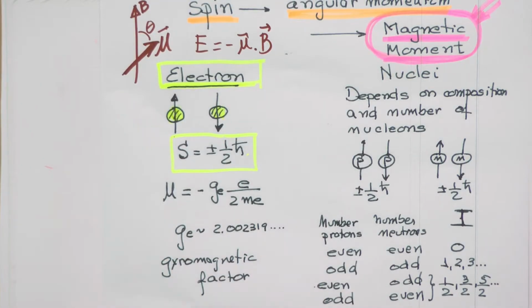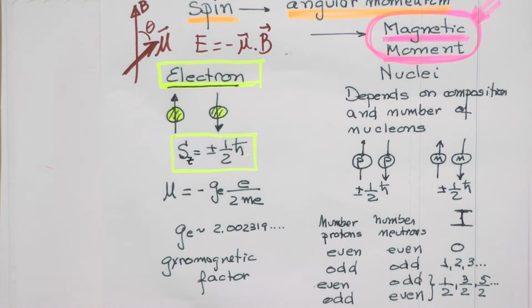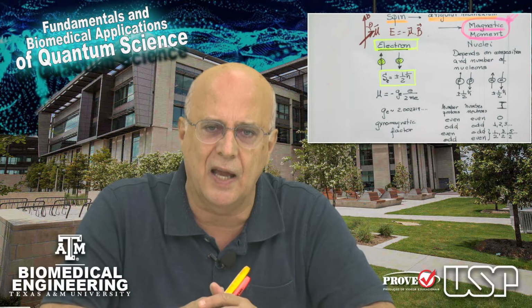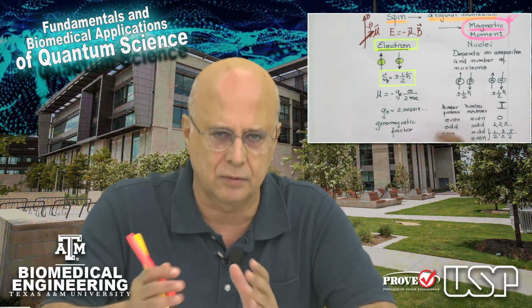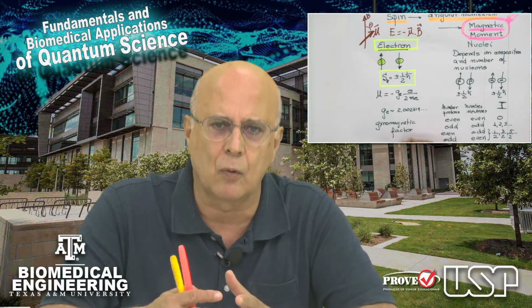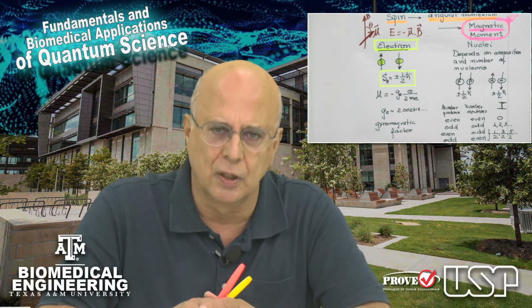Okay? And the z component of the spin, because it's quantized by h bar, as I explained to you on the angular momentum of the atom in general, of the electron and everything. All angular momenta that exist in quantum mechanics are quantized in units of h bar.